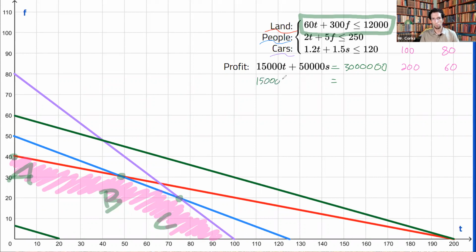Uh, 2,500,000 maybe. 2,500,000. Okay. That is not going to divide evenly with the 15,000. I can think of a number that's pretty close to that, but will divide evenly.